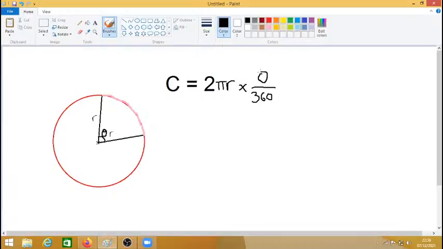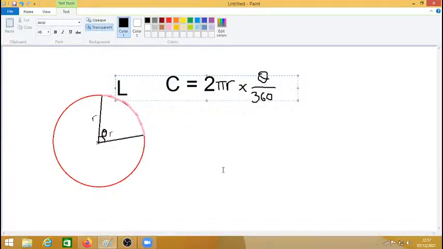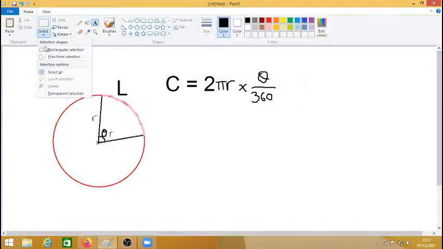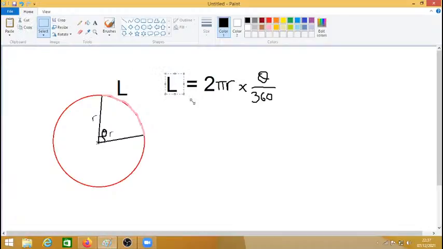So there's our fraction: theta over 360, times 2 pi r, the full circle, and that would give us the length of this pink arc, which is called L. So I can replace C with L. The length of the arc is equal to 2 times pi times r times theta over 360.